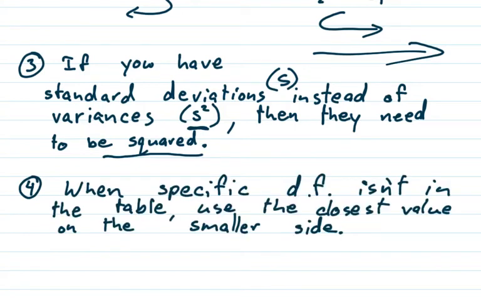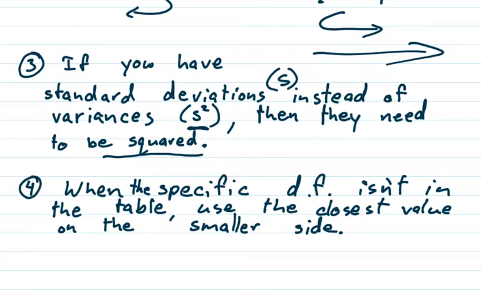So to be clear, when the specific degrees of freedom that you're looking for isn't in the table, then use the closest value on the smaller side. That's what I was mentioning a little while ago. We were talking about the degrees of freedom for the numerator, and I noticed that there was a column for 24 and then a column for 30.